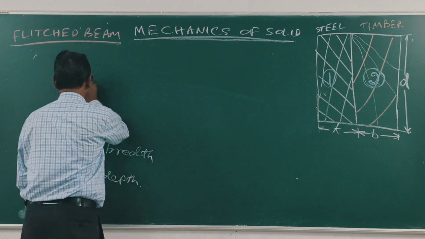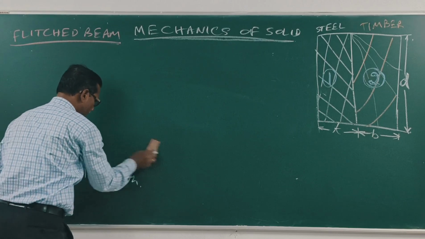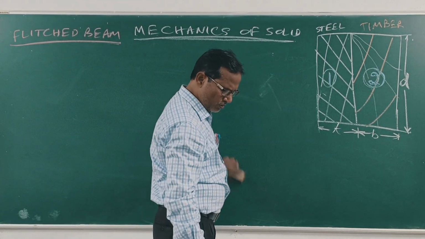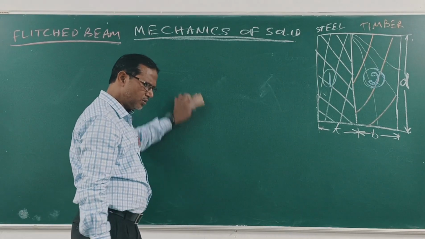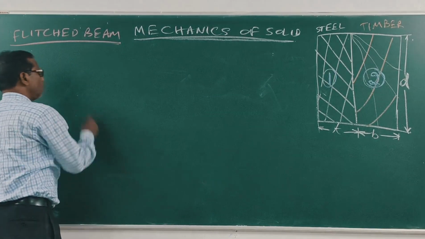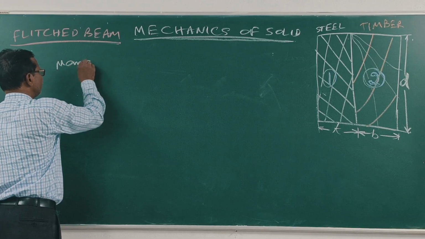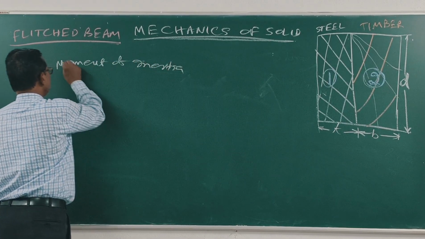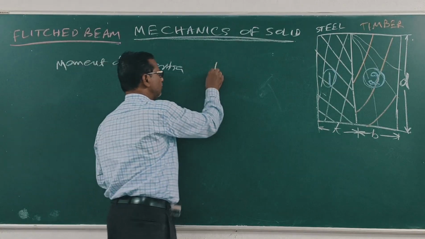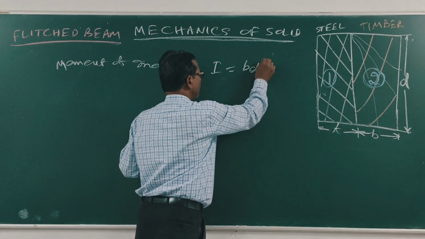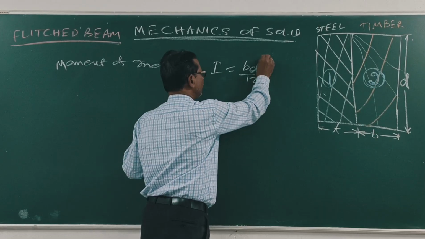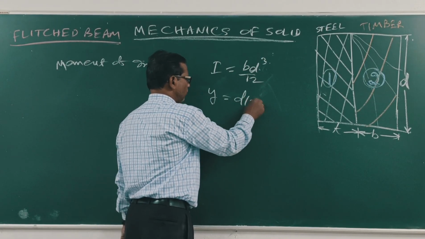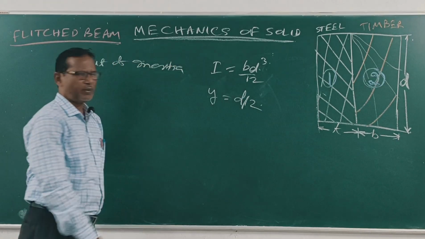Now the moment of inertia I is equal to b d cube by 12, and y is equal to d by 2.